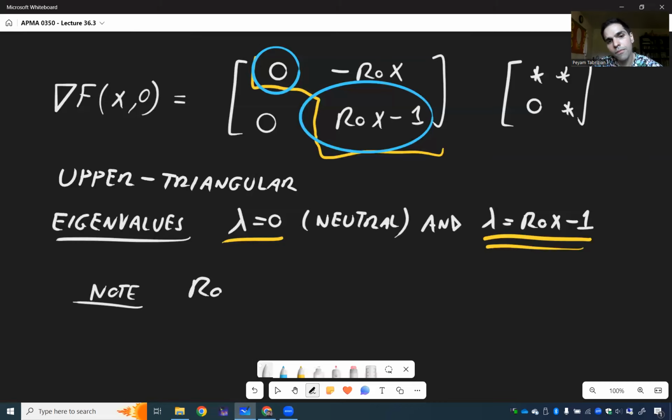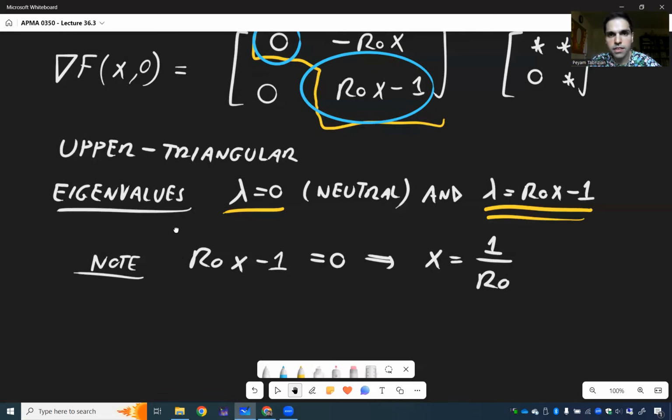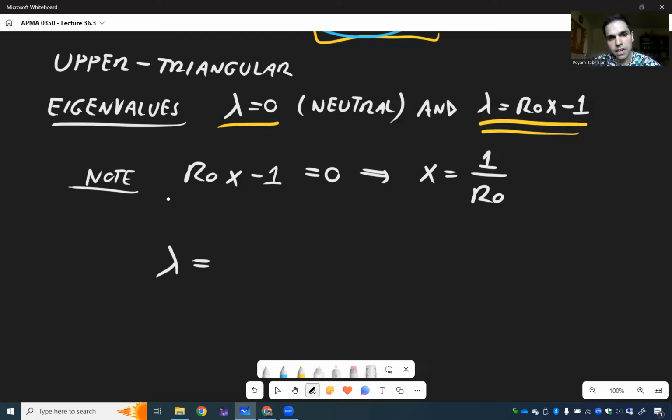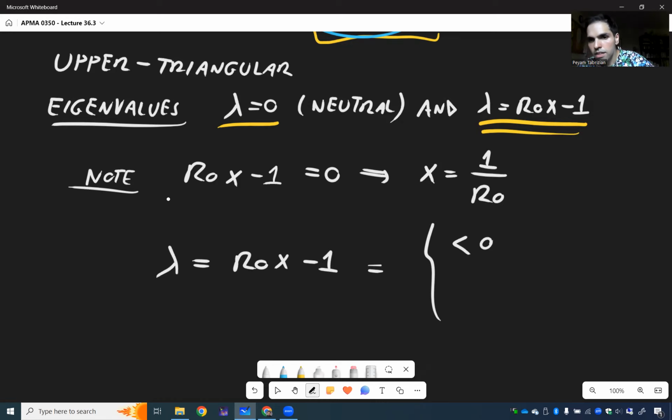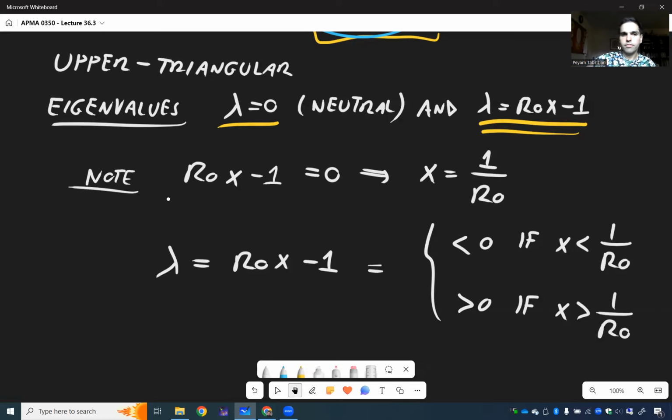And for this, note when is that 0? R0X minus 1 equals 0 if x equals 1 over R naught. So in particular, our eigenvalue lambda, which is R0X minus 1, is negative if x is less than 1 over R naught, and positive if x is bigger than 1 over R naught.